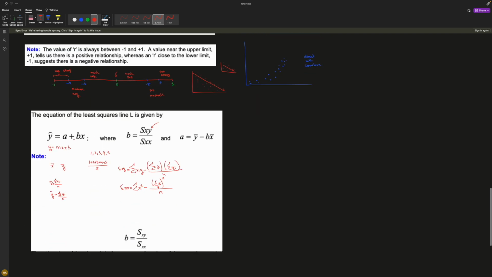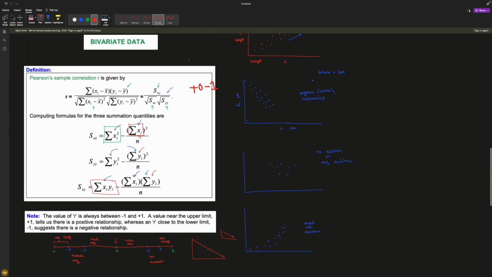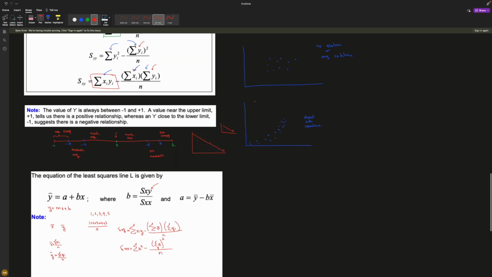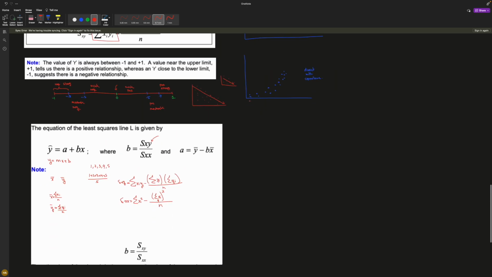Your B is also going to be positive, because remember, your B is your slope. So if R says it's positive, which means the slope is positive, then B should also be positive. Don't confuse, B does not equal R. They're two different numbers. However, their sign is the same. So if R is negative, B has to be negative. Okay?